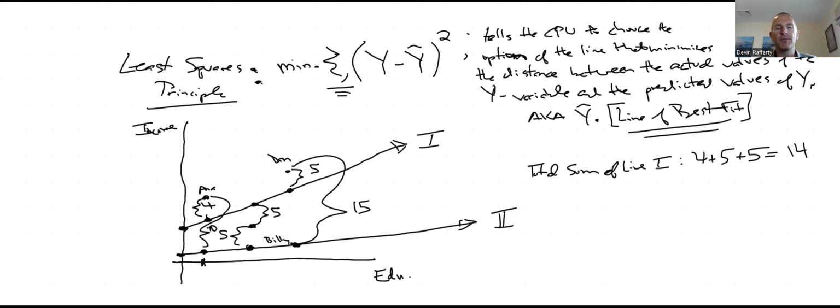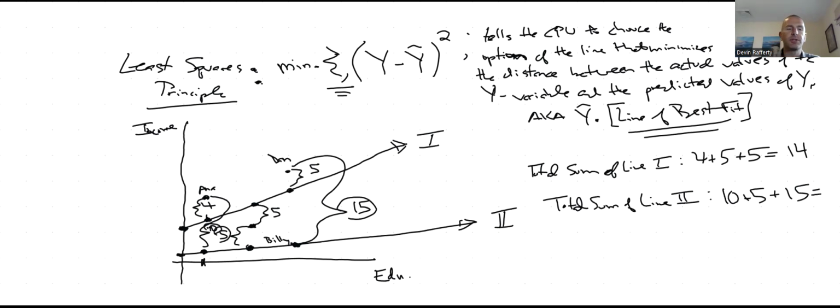So let's add up the total sum for line 2. The total sum for line 2 could be 10 plus 5 plus 15, which is 30.